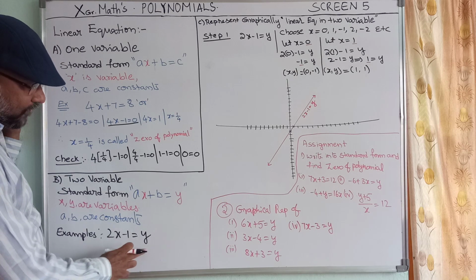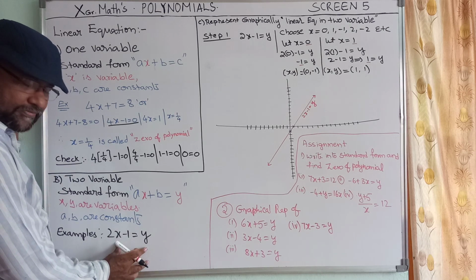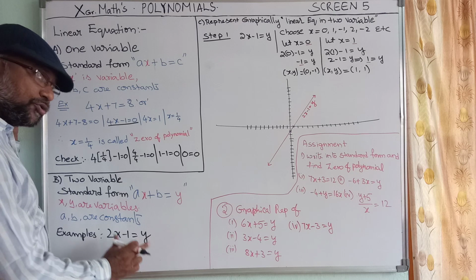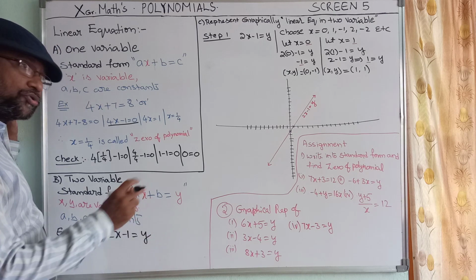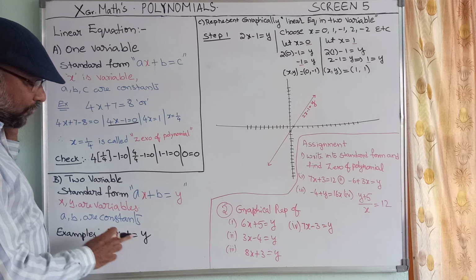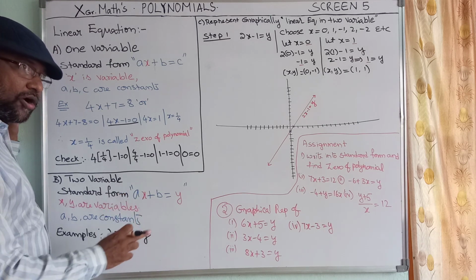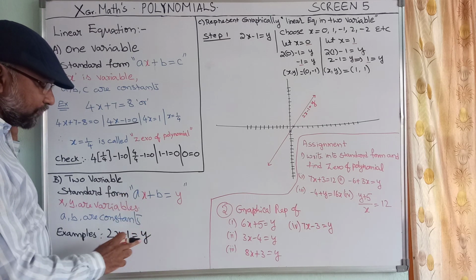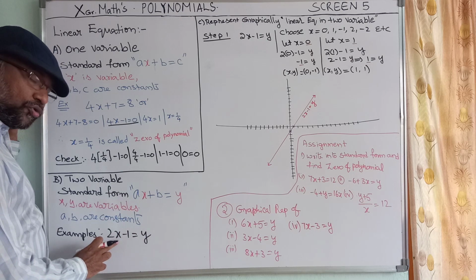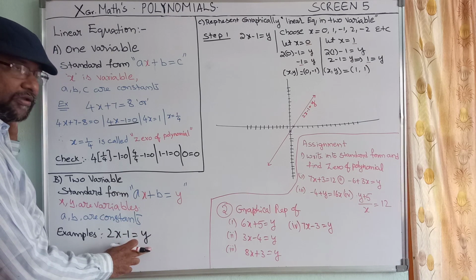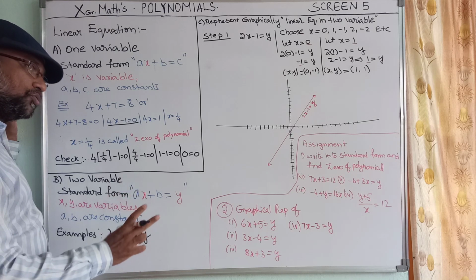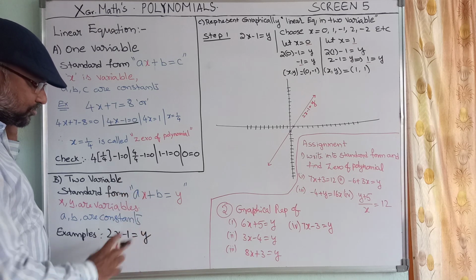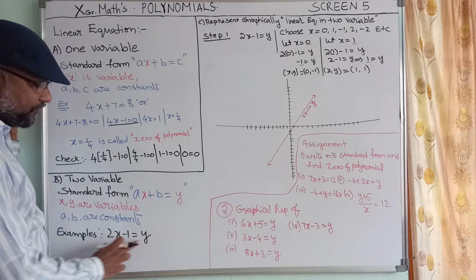Here x and y are variables. When we have two variables, actually we need two equations to solve for them. One equation cannot be useful to find the values of two variables. Therefore, if we have two equations, we can find two variables.